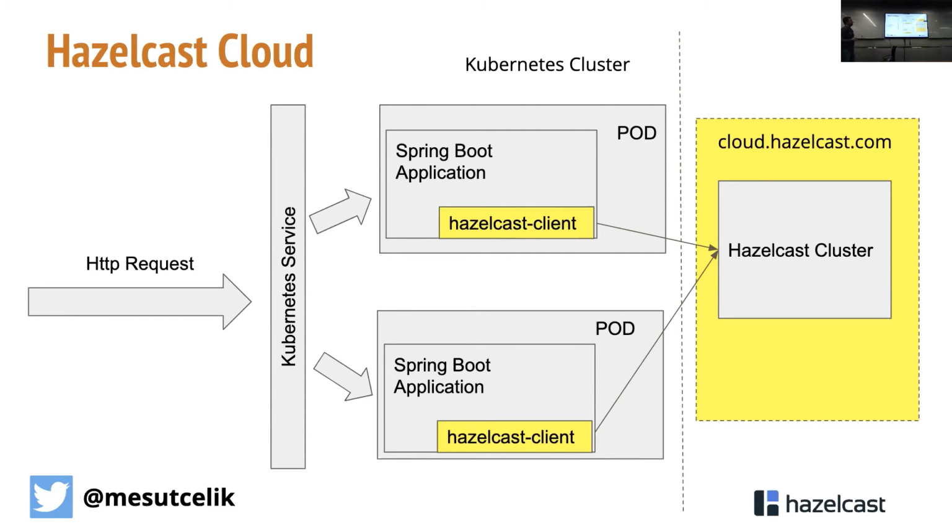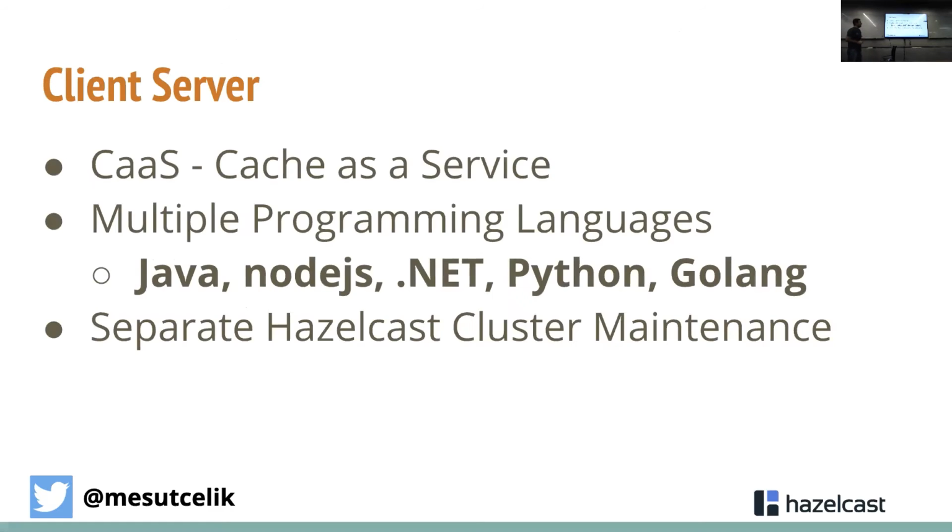In the client-server environment, you can just create an account and start a Hazelcast cluster, and you can connect your microservices to the Hazelcast Cloud cluster. The advantage is that you don't maintain anything; it's fully maintained and supported by Hazelcast.